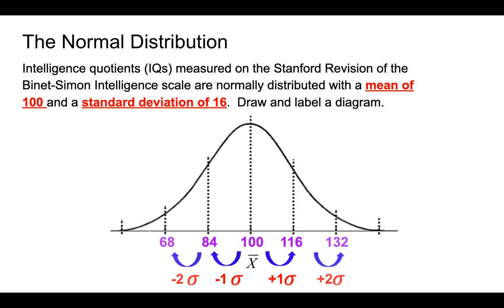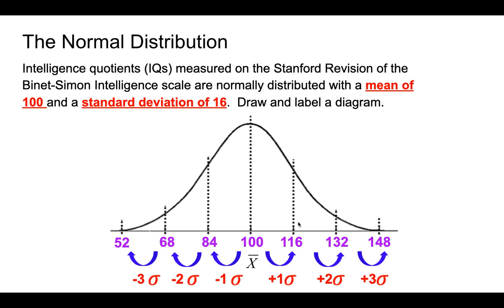We're going to continue the pattern and go up another standard deviation, so a total of 2 standard deviations to get 132, added 16 twice from the mean, and then subtracted 16 twice from the mean to get minus 2 standard deviations to get an IQ score of 68. Lastly, we're going to do that again with plus and minus 3 standard deviations.